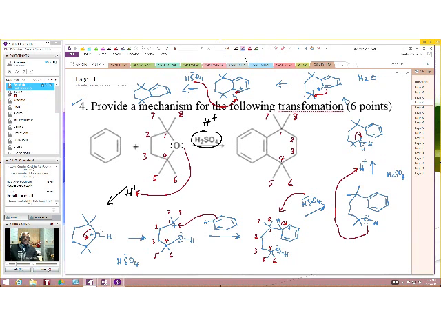Let us number our carbon here. This is our carbon 1, 2, 3, 4. This is 5. This is 6. This is 7. And this is 8. Now, if you follow the mechanism that we have just given you, give me a happy face.